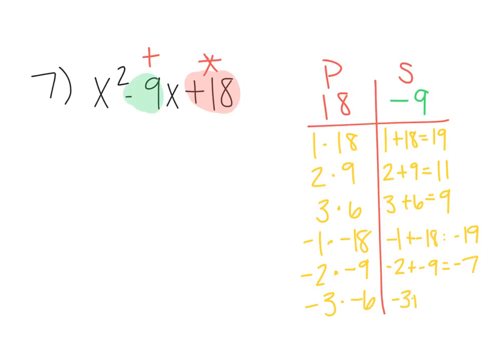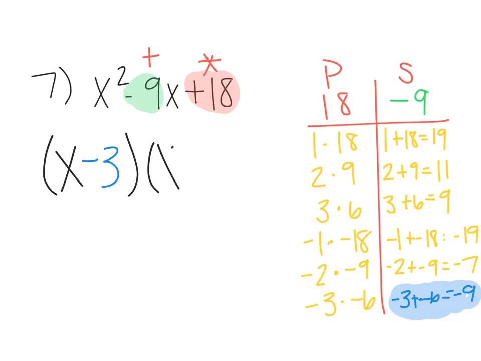Negative 3 plus negative 6, that set is going to give me negative 9. So the cool thing now is that I know that negative 3 plus negative 6 gives me negative 9. I have my answers for my problem. And my problem factors into x minus 3 times x minus 6. And I'm done.